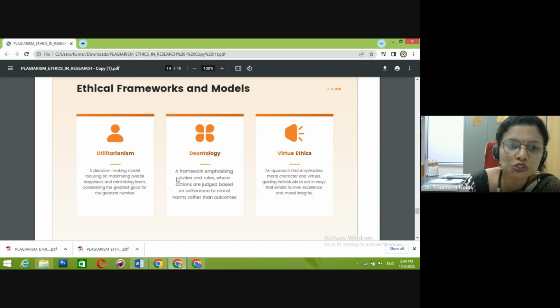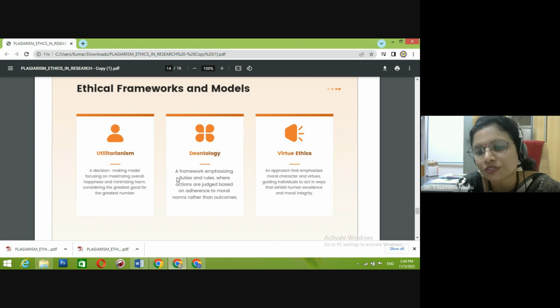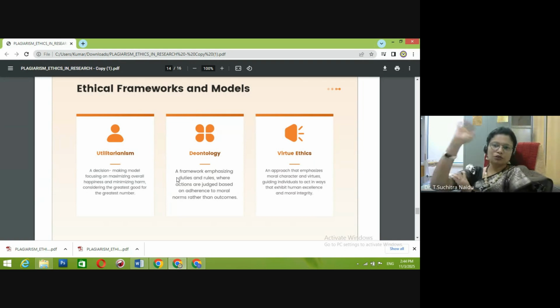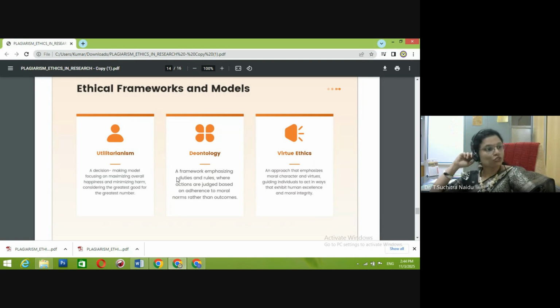Then coming to virtue ethics. Virtue ethics is an approach that emphasizes moral character and virtues, guiding individuals to act in ways that exhibit human excellence and moral integrity. That's what's right and what's wrong. It's all Aristotle's philosophy. Ethical behavior comes from virtues like courage, honesty, compassion.